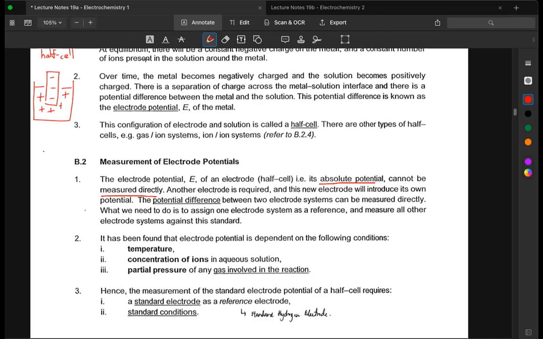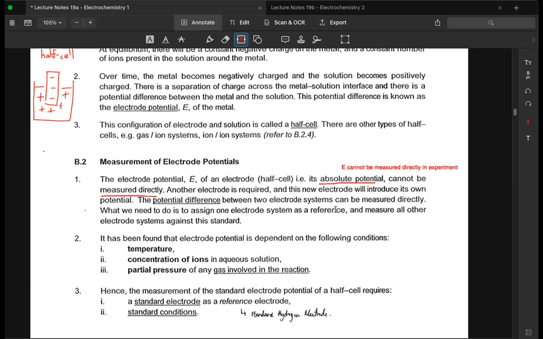So what it means here is E cannot be measured directly in experiment. Just like enthalpy. Enthalpy cannot be measured directly. You need to find the change in enthalpy by taking the difference in temperature times the mass times the specific heat capacity, because it is a theoretical concept that has no way to be measured.